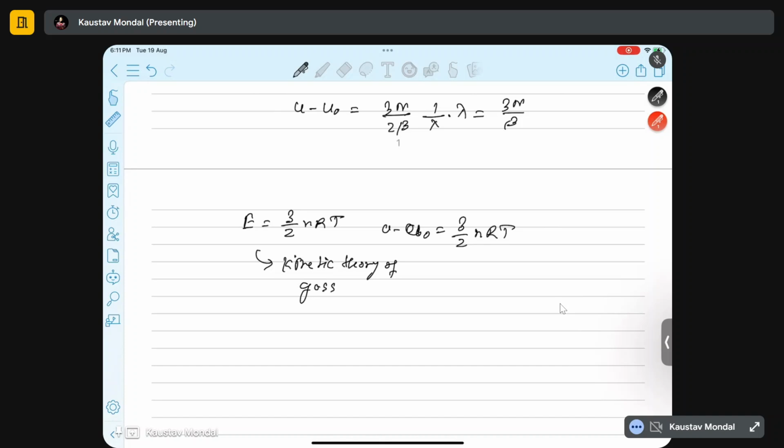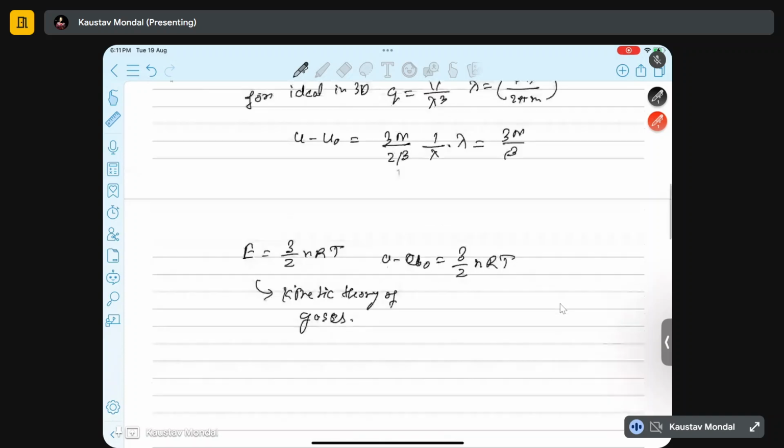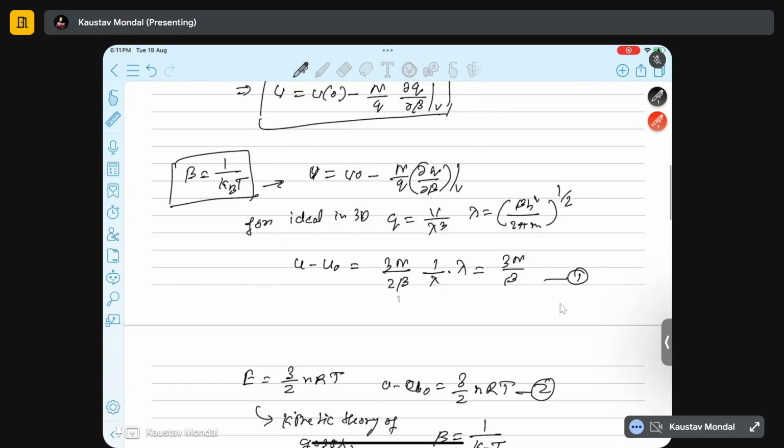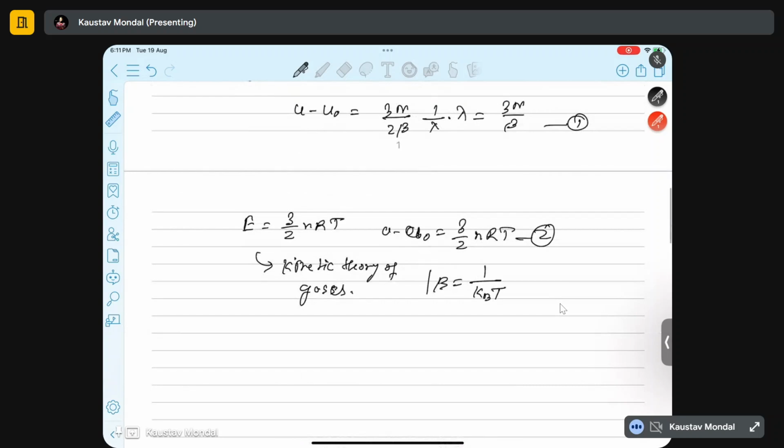Okay. So now by comparing these two, 1 and 2, we got the expression of beta as 1 by kBT.